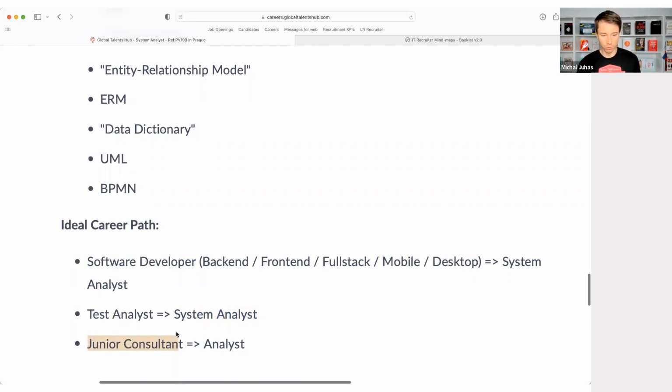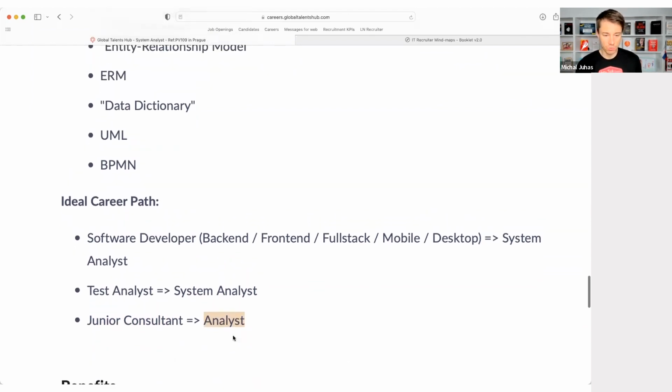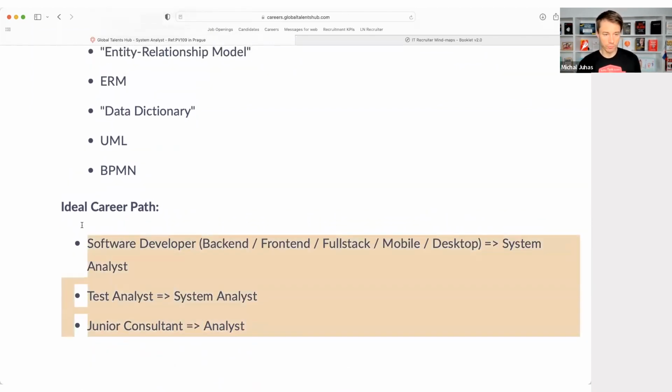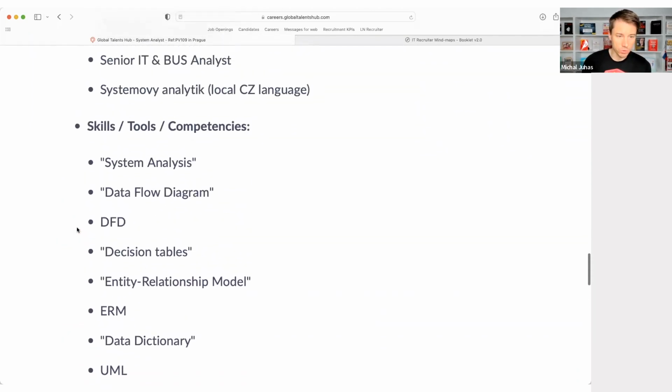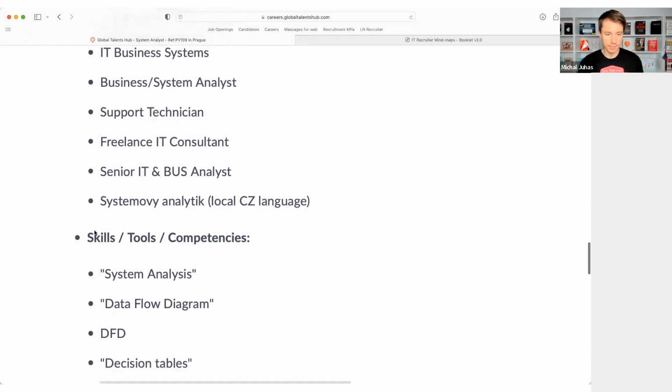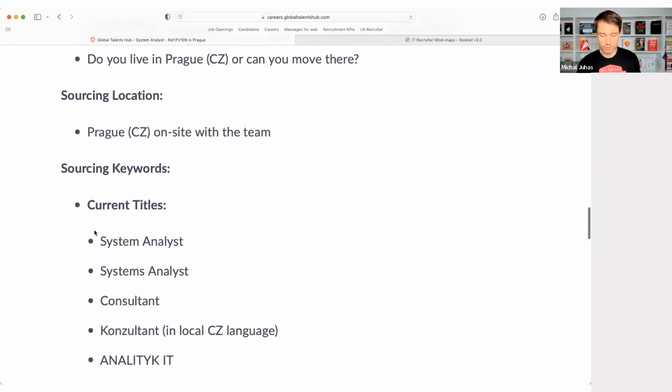Someone who was a consultant, junior, then senior consultant, and then becomes an analyst. So these are different career paths. We will look at several profiles in a jiffy, and I just wanted to show you these tools and titles that we will be looking for.